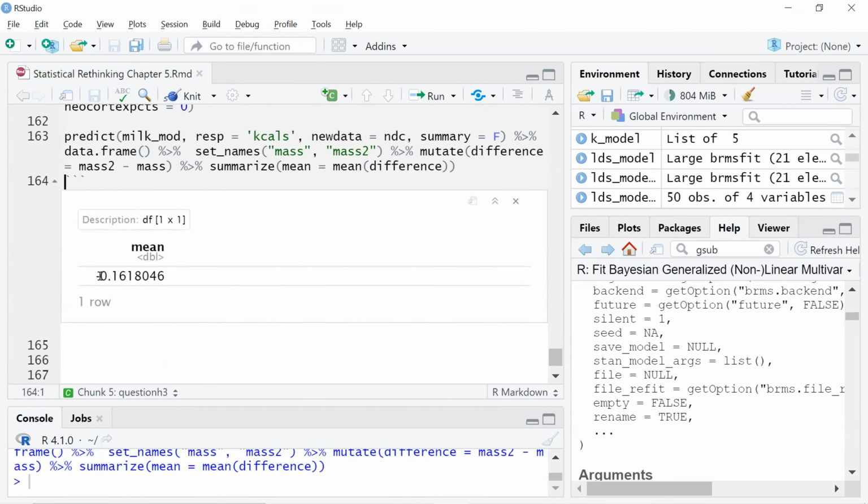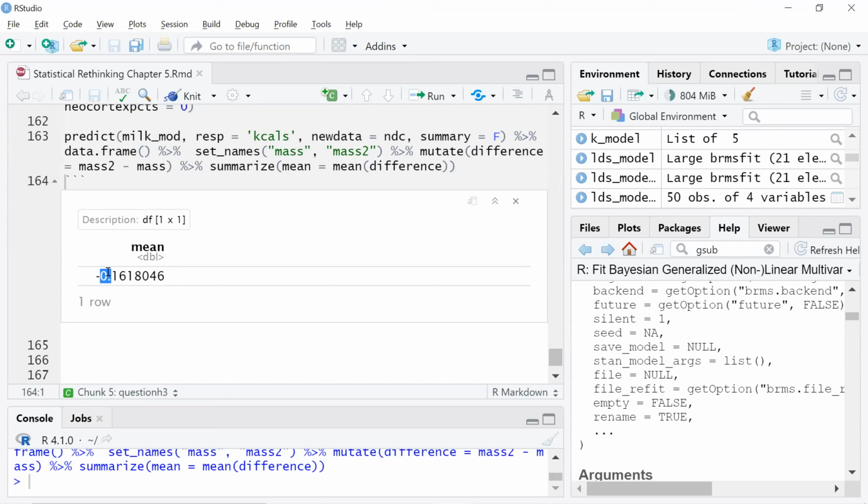Yeah, so it didn't make much of a difference. So yeah, not surprisingly, I didn't do any confidence intervals or anything, but this is a mean over some prediction. So we're kind of simulating in a way, and this is not 0, right? So it's saying that this is the effect of doubling mass.